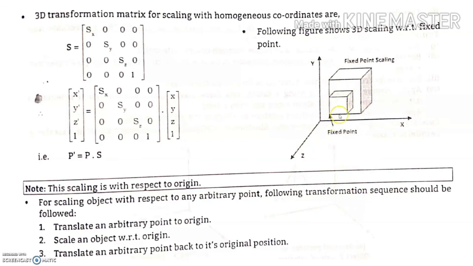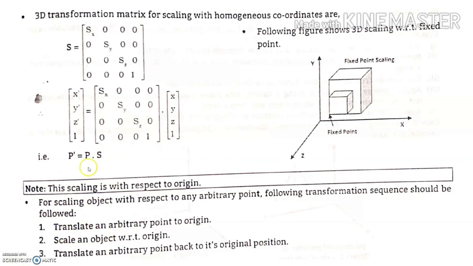This is your object and this is its size, and we are enlarging that object by some scaling factors. After enlarging, you can see this is a fixed point scaling. This scaling is with respect to the origin.